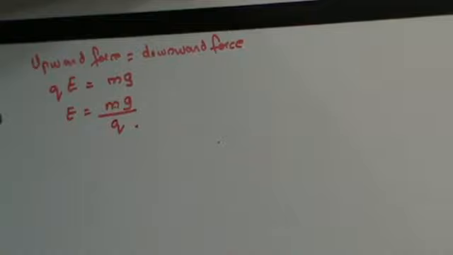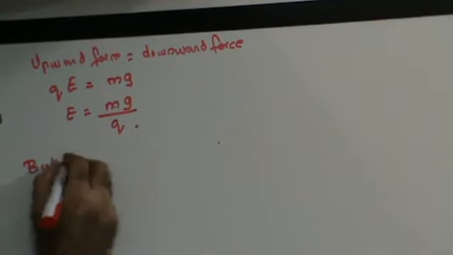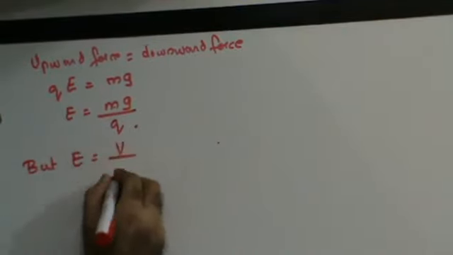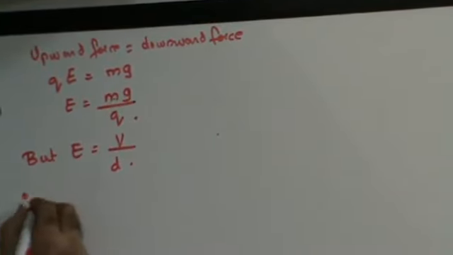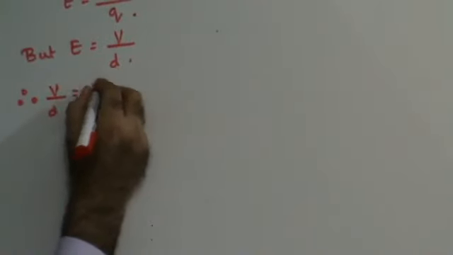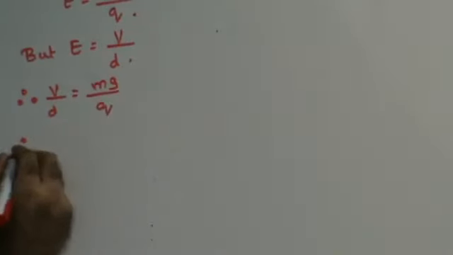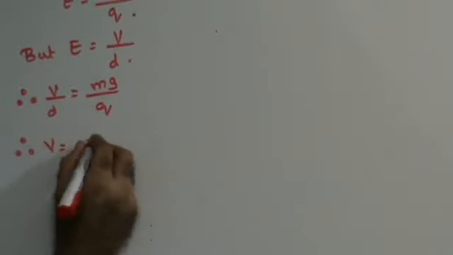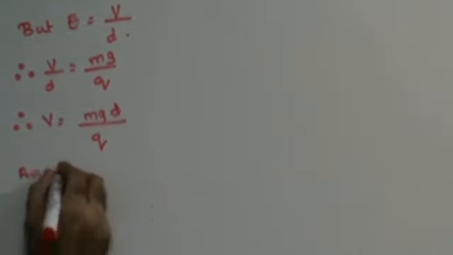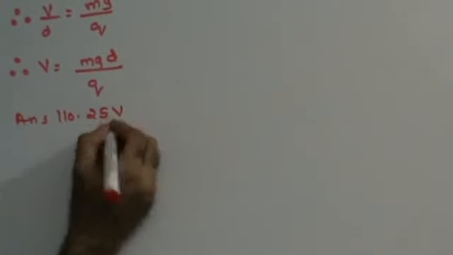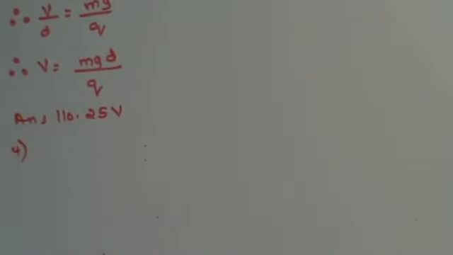They have asked you to find out what voltage would be required. Now E is also given by the formula: strength of the electric field is potential difference per unit distance. Therefore V upon d is mg upon q, so potential difference will be mgd upon q. The answer for this should be 110.25 volts. Next, take down next one please.